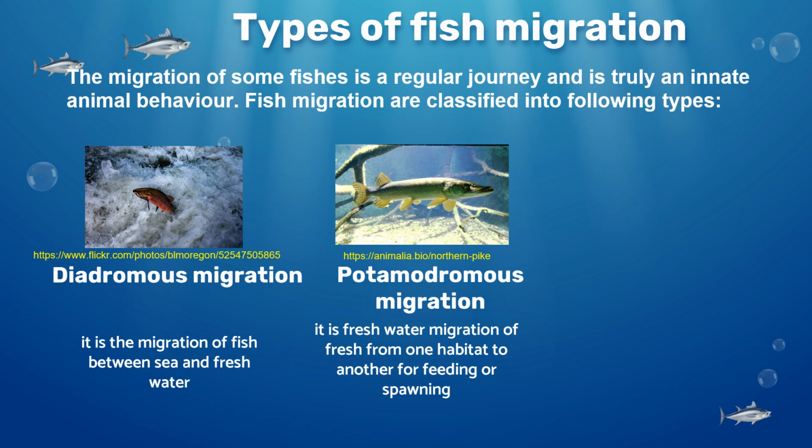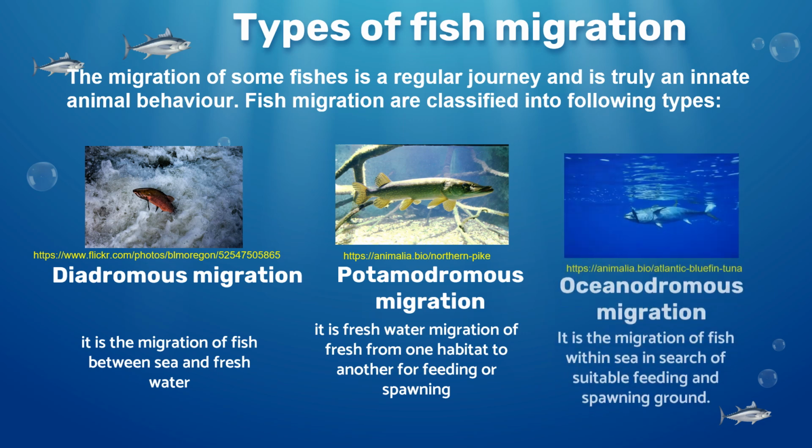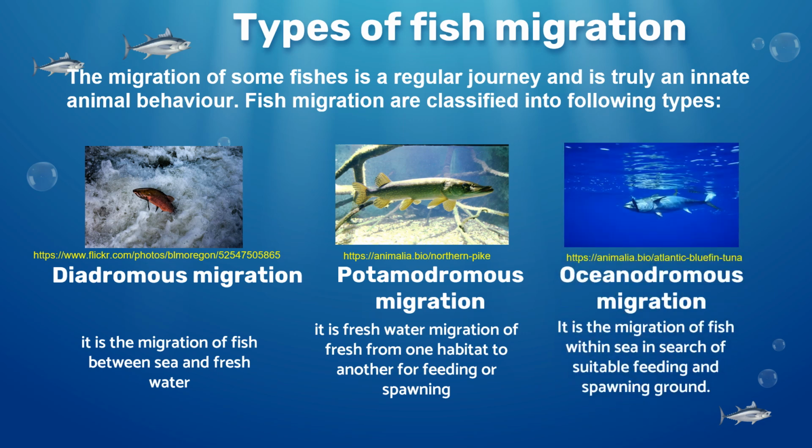Next is potamodromous migration. It is a freshwater migration of fish from one habitat to another for feeding or spawning. Oceanodromous migration. It is the migration of fish within sea in search of suitable feeding and spawning ground.